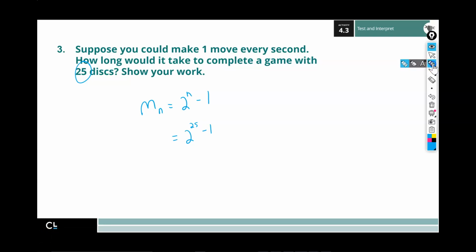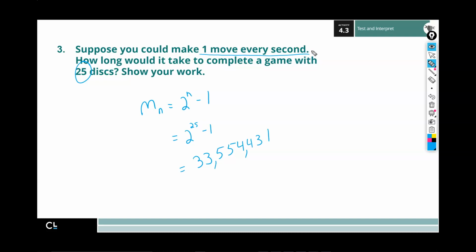So that would give us about a lot of moves. 33,554,431 moves. 1 second for every move. So how long is this going to take? Well, it's going to take that many seconds.